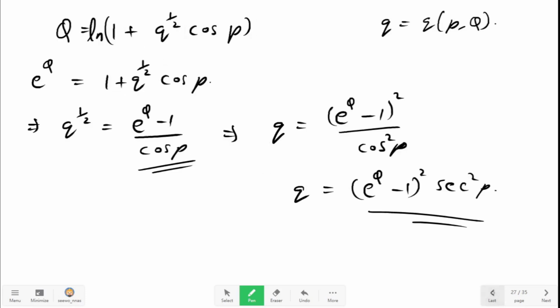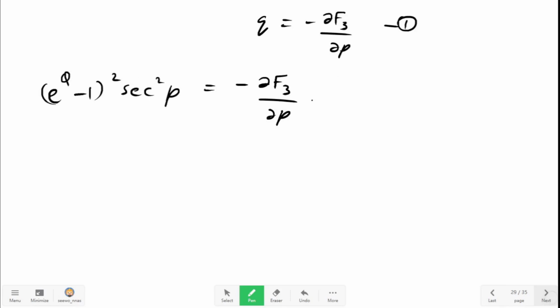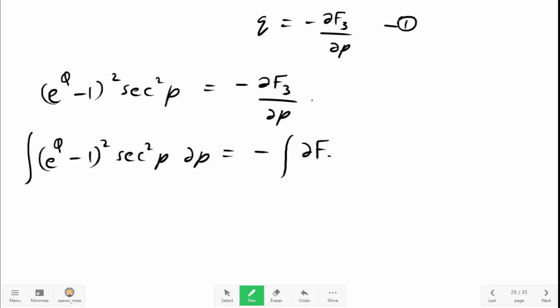Now in this step what you will do is you will integrate for finding f3. You will do partial integration. So we have e raised to Q minus 1 the whole square sec square p del p integrate. This is equal to minus integral del f3.